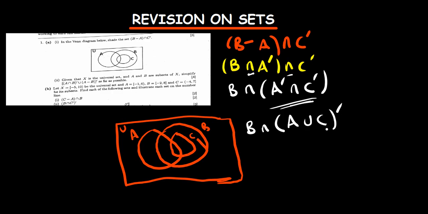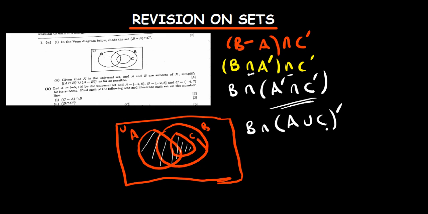When you look at the set A union C, A union C means bringing every element of A and C together. So this is the entire A and the entire C. So this is A union C.